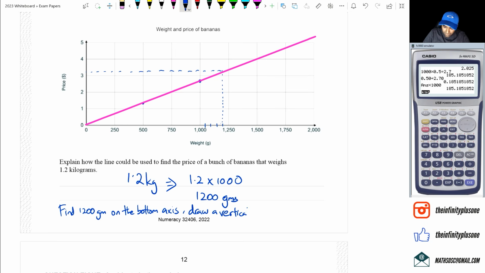That's a lot of writing for you guys, I have to say. Draw a vertical line to the line itself, and then you can trace across, go horizontal to the axis named price, to get an idea, and then read the price.